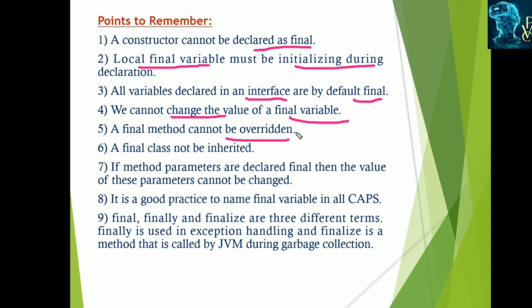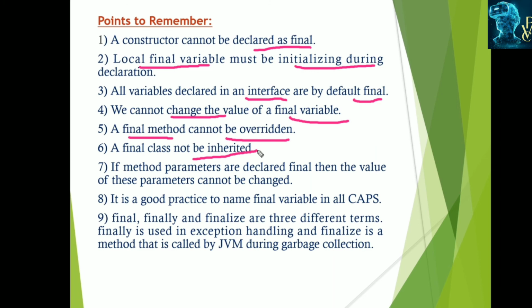But when we declare the method as final, it cannot be overridden. And a final class cannot be inherited, meaning the class cannot be extended. When we declare the class as a final class, it cannot be used as a super class, parent class or base class.